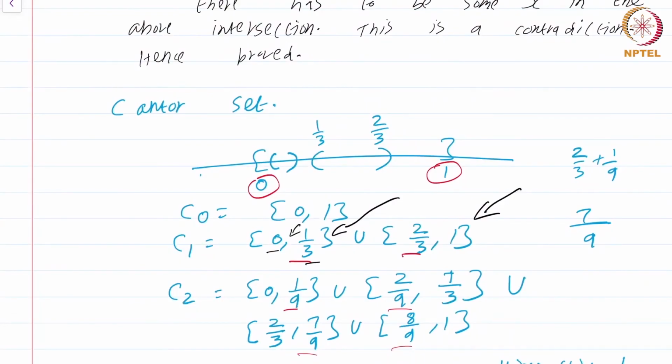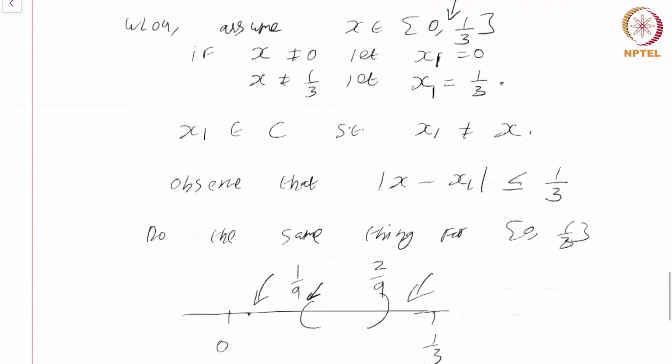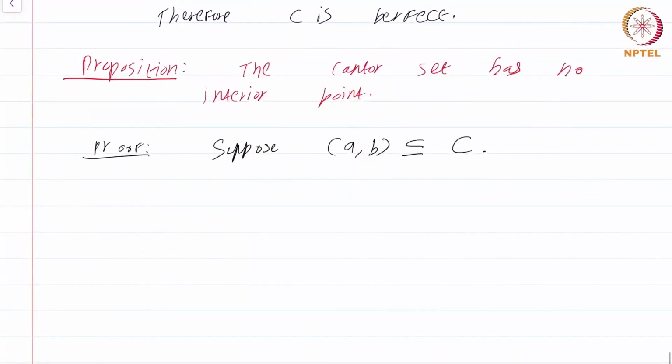Notice that at each stage in the construction of the Cantor set, each interval will be of length 1 by 3 power n. No interval of length greater than 1 by 3 power n is a subset of Cn.